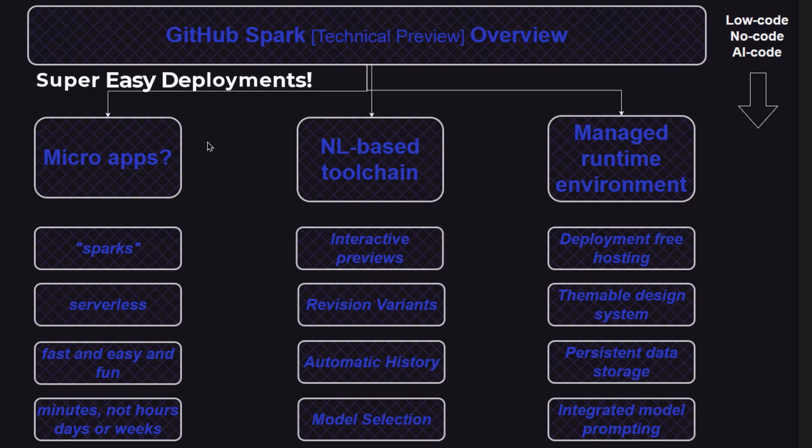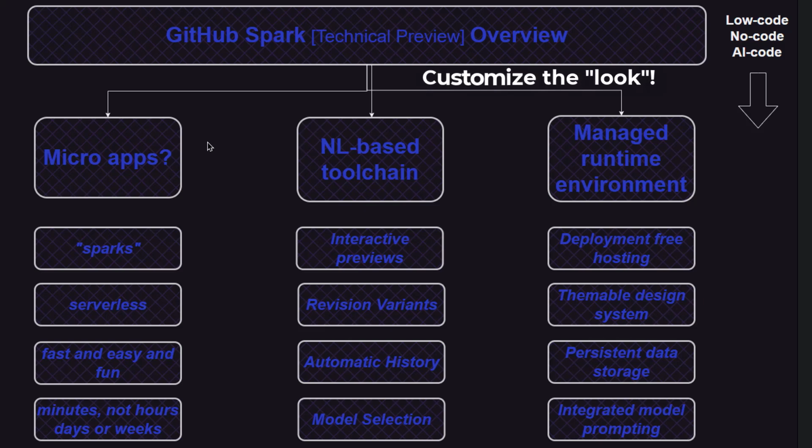It's deployment-free hosting, so it's really no hassle to get your system up and running. You can change the theme of your application, and it has an option for persistent data storage. So depending on what you're trying to do with your application, that's built in, along with integrated model prompting.